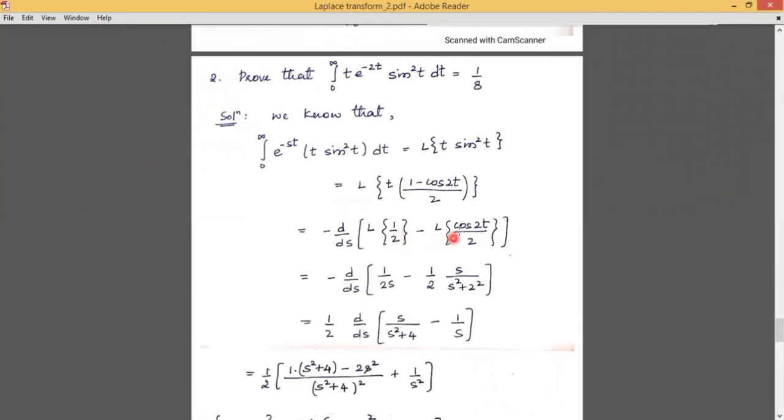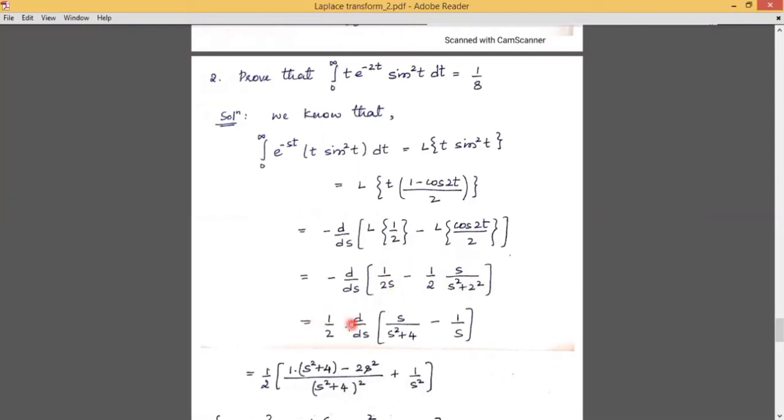You can also take this half outside, and the Laplace transform of 1 is 1/s. So it is 1/(2s) minus, with the half taken outside, the Laplace transform of cos 2t, which is s/(s^2+2^2).